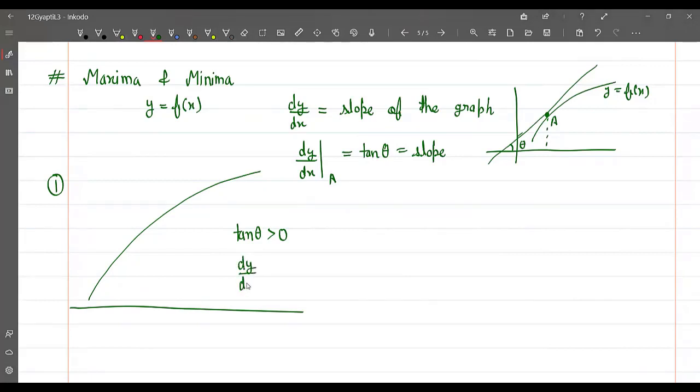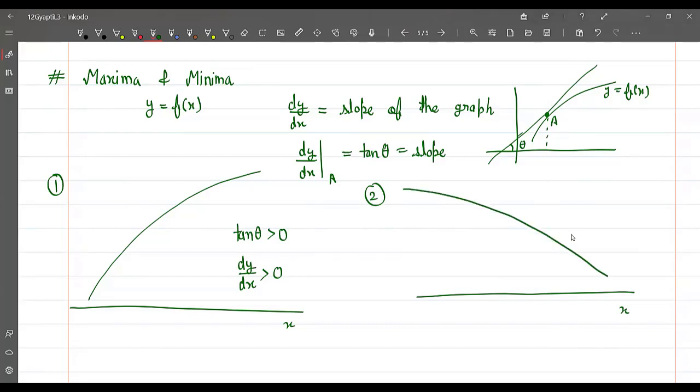And the value of differentiation at any point will be positive. While in the other case, this is your x-axis. I'm not drawing the y-axis. It's not required. You can take the y-axis anywhere. On the other hand, if your graph is like this, if you draw a slope like this, then theta is greater than 90 degrees. Theta greater than 90 means tan theta is negative. That means slope is negative.